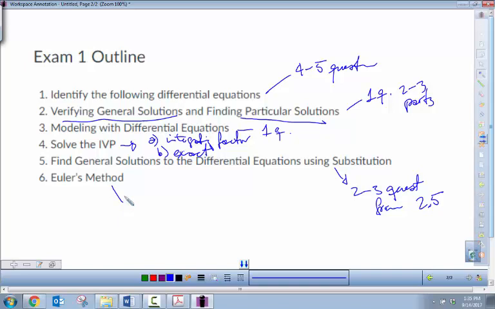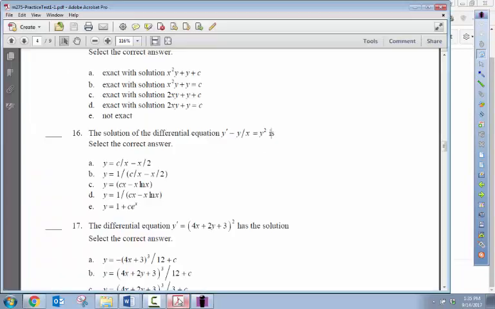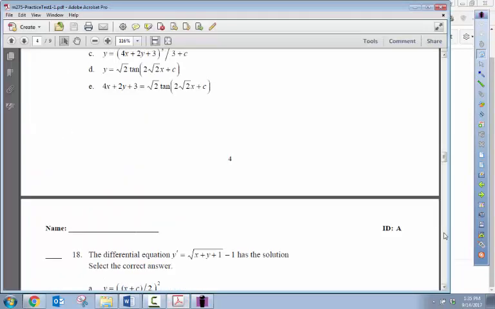Well, Euler's method. Okay. Oh, here. I don't know if there's an Euler's method here.